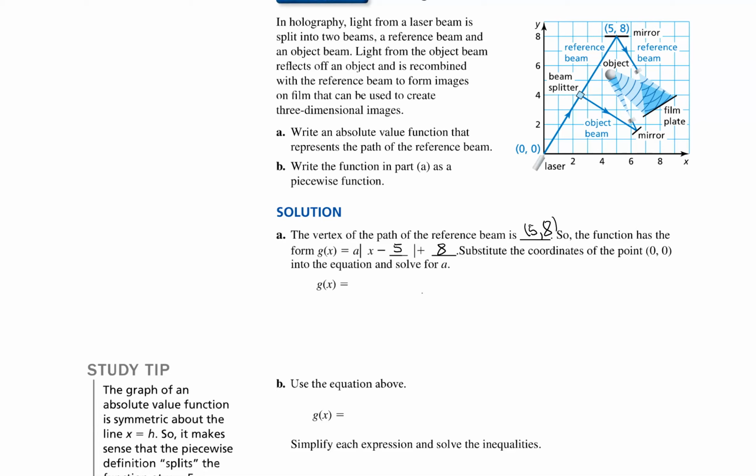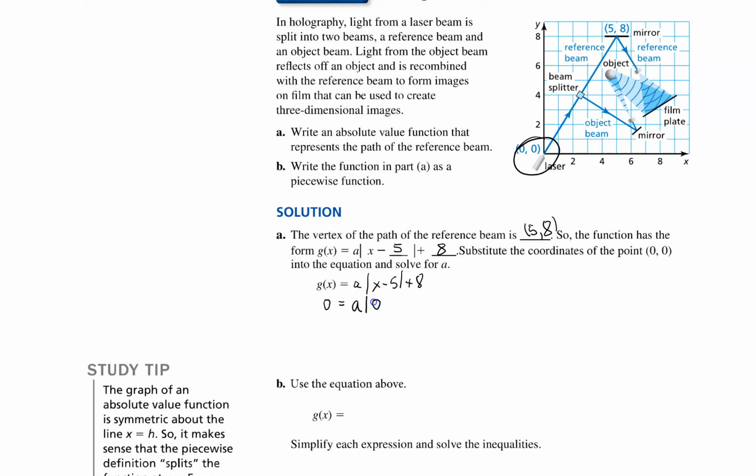So here we see g of x is equal to a times the absolute value of x minus 5 plus 8. And then we can put in the point 0, 0 because it goes through the origin. So g of x, remember that's y, so we'll put 0 in for g of x, or y. And a we do not know yet, that's what we're trying to find.